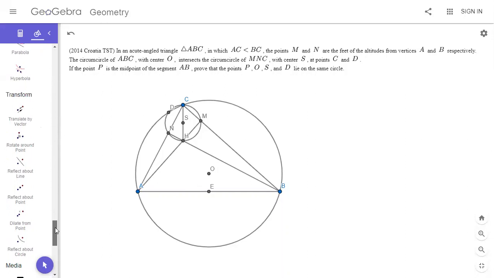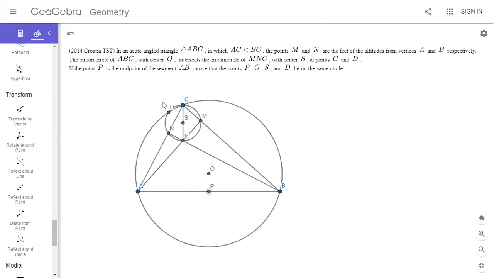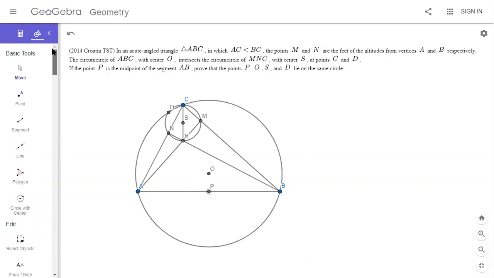This feels kind of similar, doesn't it? It's like another problem where we're showing four points like this are cyclic. Is there another dilation trick we can use?